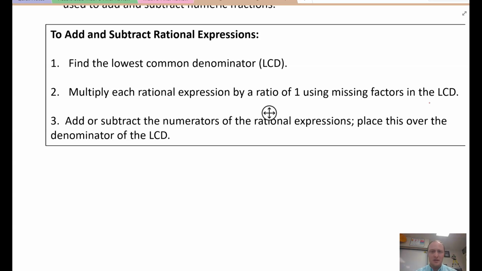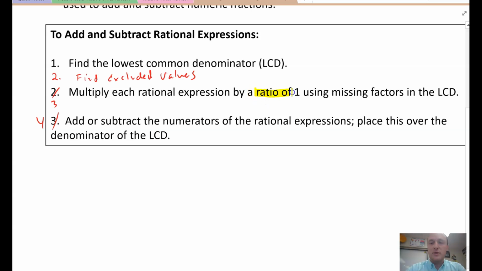Step 2, find excluded values. So you're going to find your LCD, you're going to find your excluded values, and then once you have your LCD, you have to introduce those factors into your two expressions by multiplying by a ratio of 1.